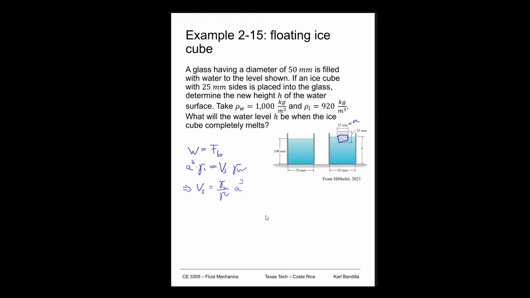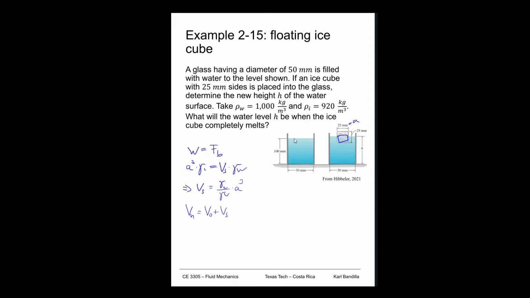So now we can figure out what the overall volume is after we add the ice. We'll call that volume V nu. So that would be our original volume plus our submerged volume, right?